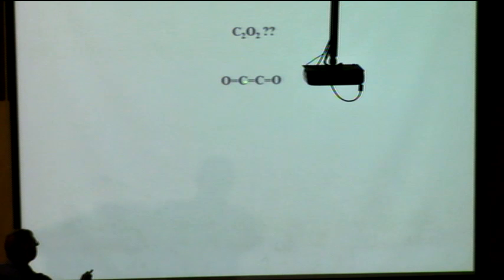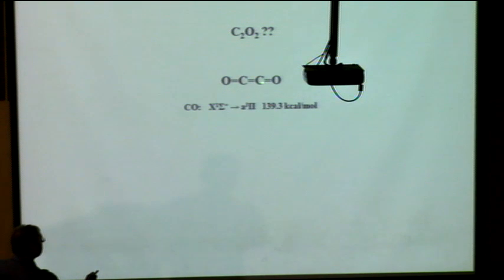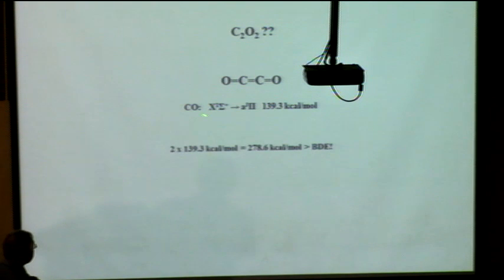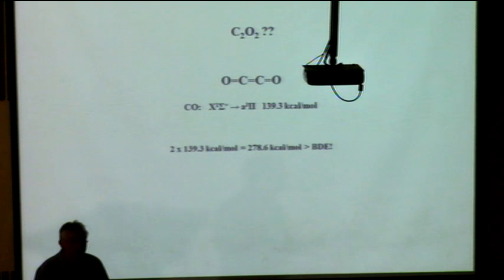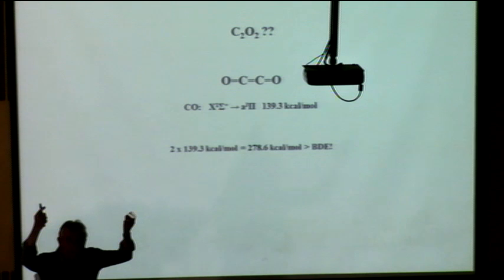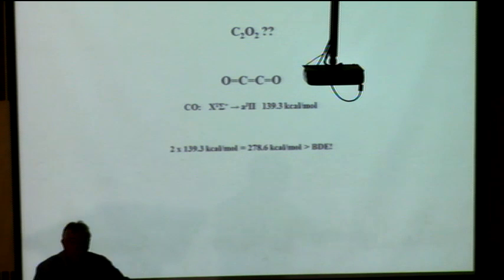That means carbon monoxide binds with another carbon monoxide, but both of them have to be excited into the triplet state, which costs nearly 140 kcal per mole. That means for the bonding, in order to form the bond, you have to invest nearly 280 kcal per mole. That's more than the bond dissociation energy. This system has to invest much more than it would gain, so there is no way of getting an electron sharing bond.